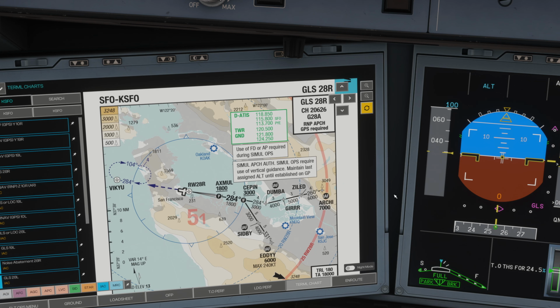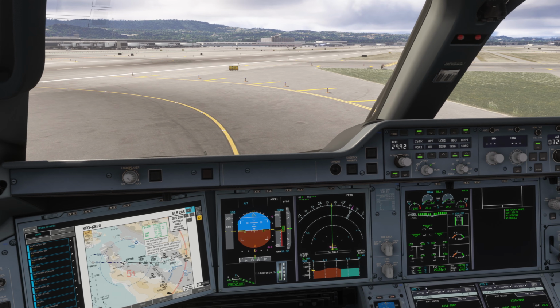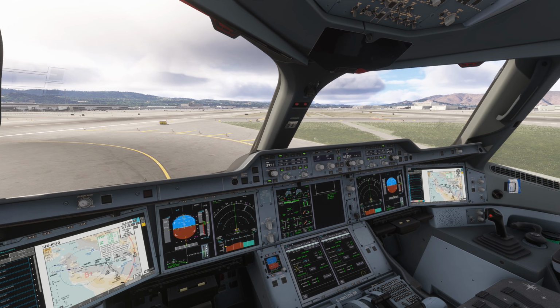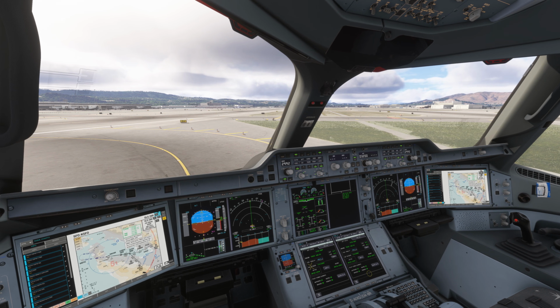Next, you need an add-on that supports it, and at the moment there are only very few of them available. You have the iniBuilds Airbus A350, which is the only FS 2024 aircraft that supports GLS properly, including the Autoland at the moment. Then you have the Flight Sim Labs Airbus, which also has GLS capability.